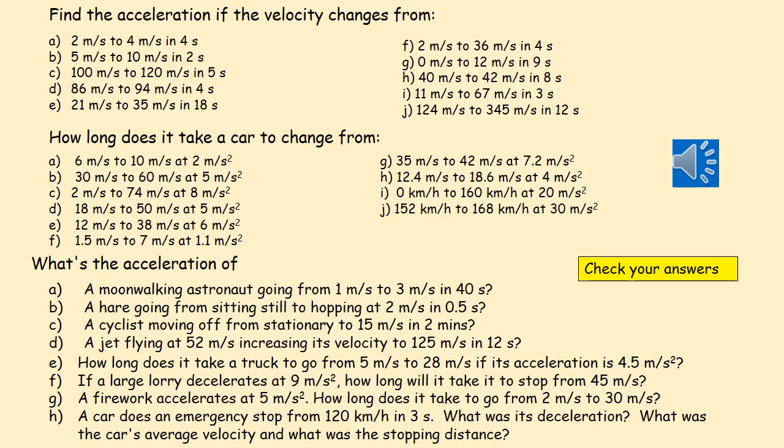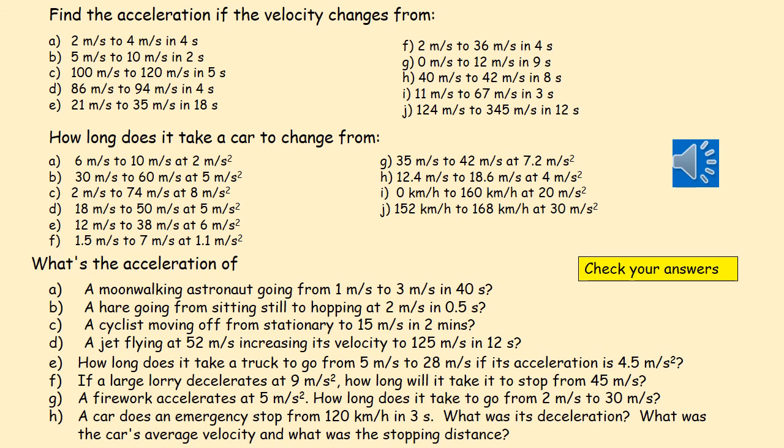Well, the starting velocity was 33.3 recurring. The final velocity was 0. So we take those two, add them, that gives us 33.3 recurring, and then divide by 2 to find the average, and that gives us an average velocity of 16.6 recurring meters per second.